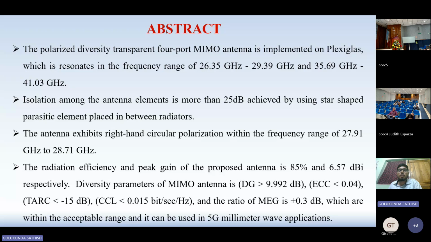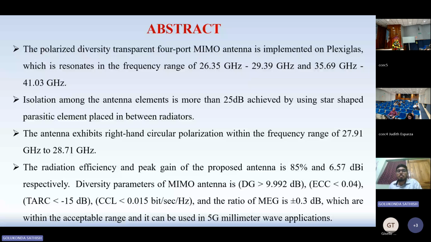Isolation among the antenna elements is more than 25 dB, achieved by using a star-shaped parasitic element placed in between radiators. The antenna exhibits right-hand circular polarization within the frequency range of 27.91 GHz to 28.71 GHz. The radiation efficiency and the peak gain of the proposed antenna is 84% and 6.57 dBi, respectively.